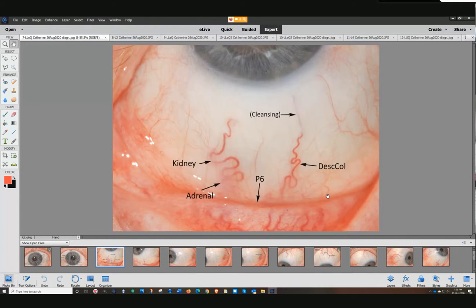So the cleansing sign is in a particular area. We can see here on the left lower quadrant and also on the right lower quadrant, both have cleansing areas.